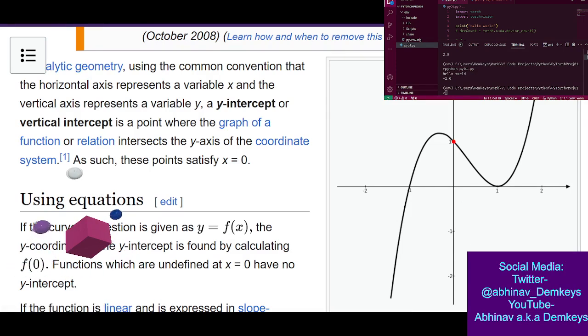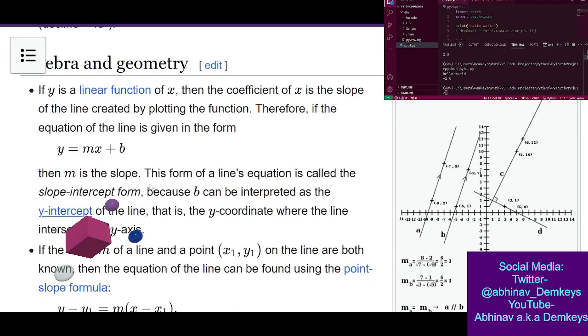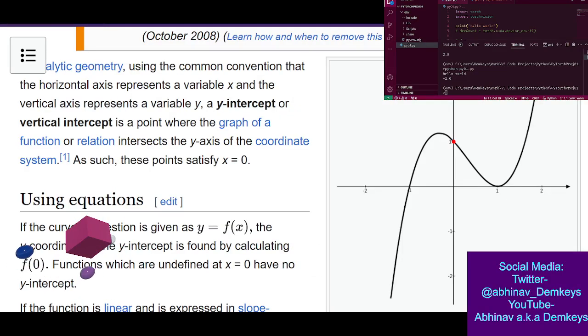What are we calculating here? B is interpreted as the y-coordinate where the line intersects the y-axis. So we are calculating when this intercepts the y-axis, what is the y value? That is called the y-intercept. Okay.